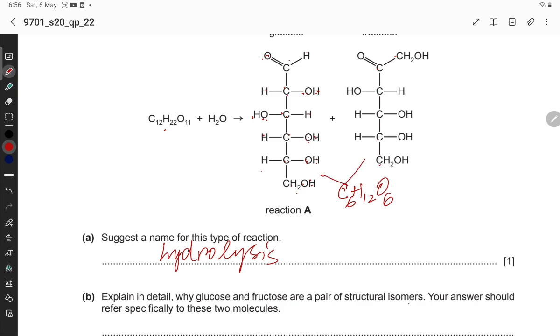So both have the same molecular formula and different structural formula.